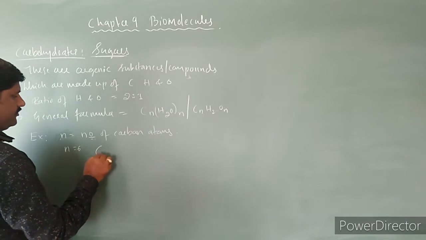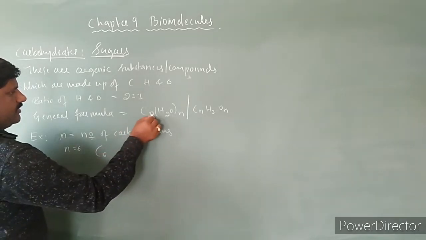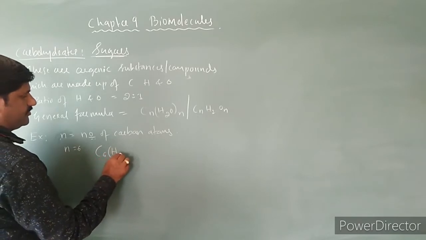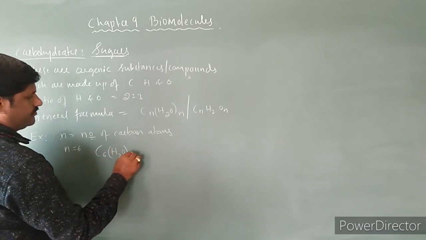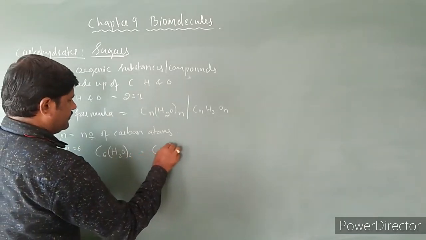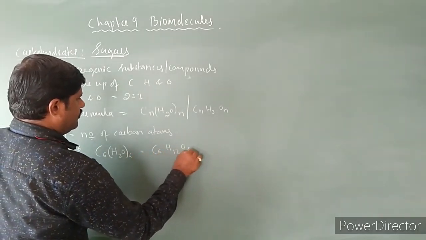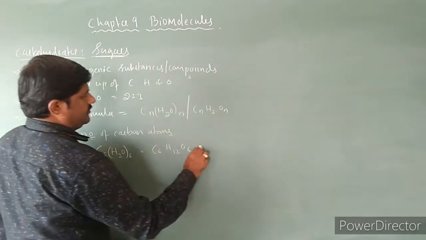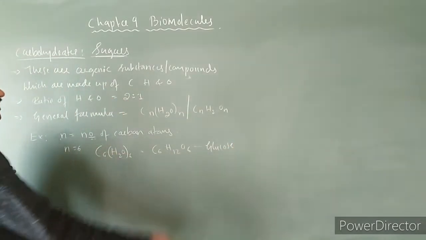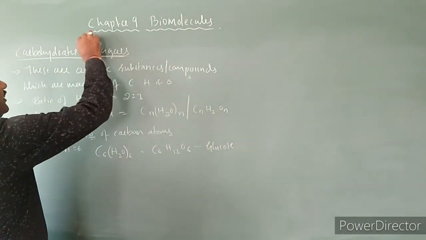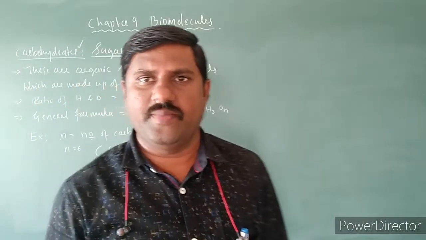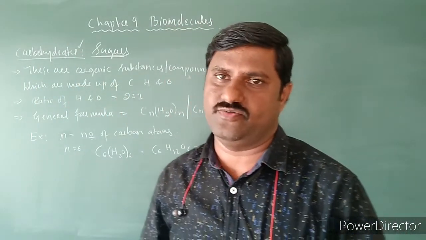You just write C6H12O6. This is nothing but glucose, which is one type of carbohydrate.